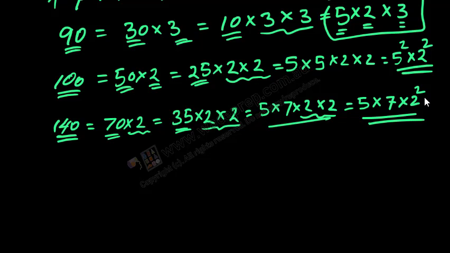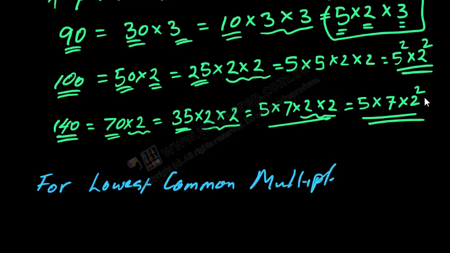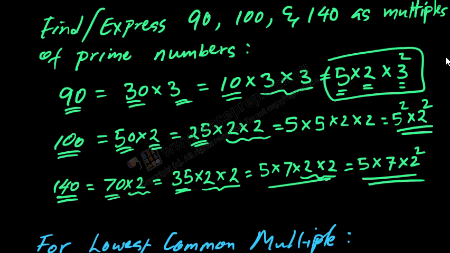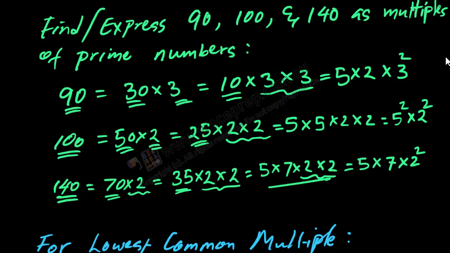To find the lowest common multiple, what we need to do is find the number within these prime numbers which is the lowest, and that number must also go for all 3 numbers that we have here. So for the first one, we have 5 times 2 times 3 squared.